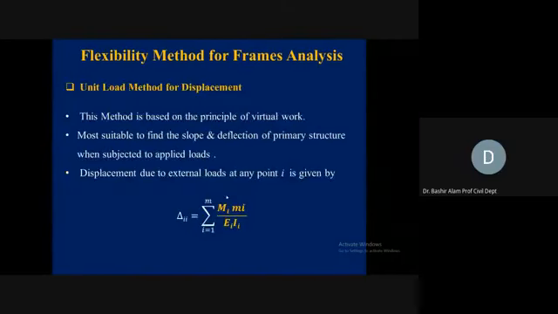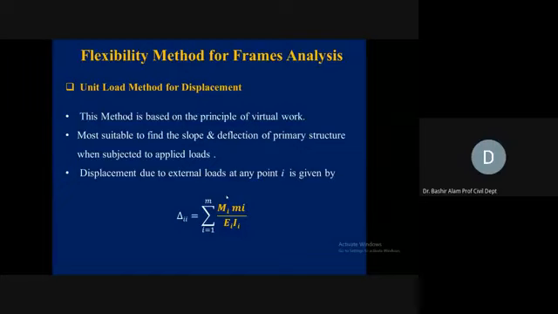Unit load method now, revision of unit load method for displacement. What was that? Let's discuss that one. This method is based on the principle of virtual work, most suitable to find the slope and deflection of primary structure when subjected to applied loads.